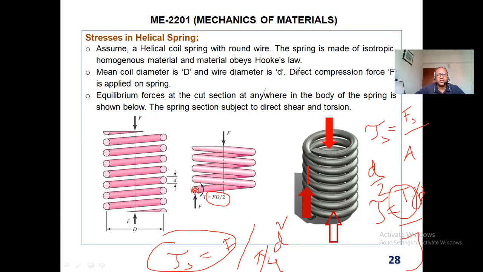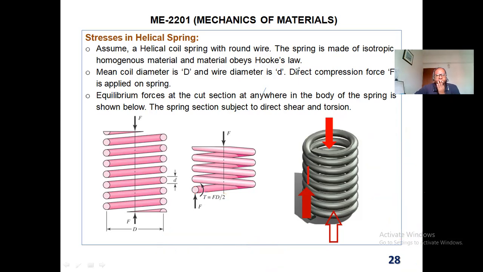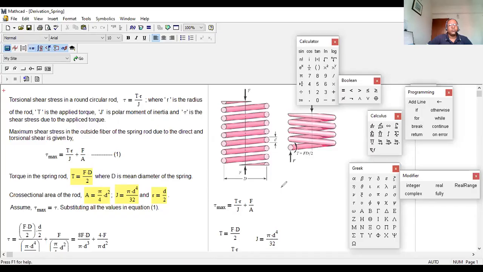If I go to a new sheet, okay, look at that one. So right over here, two forces.